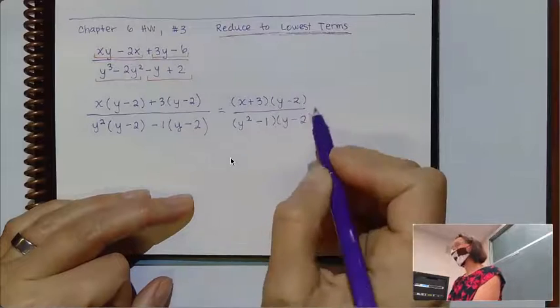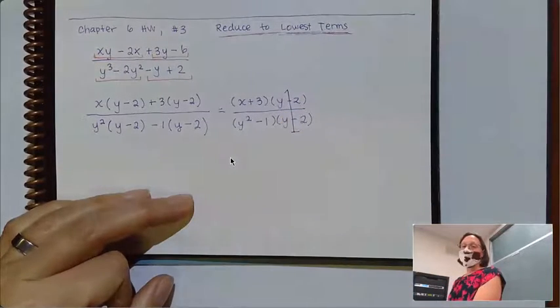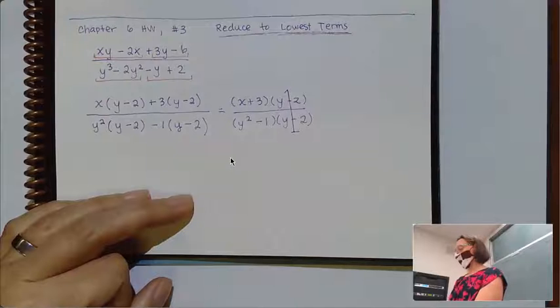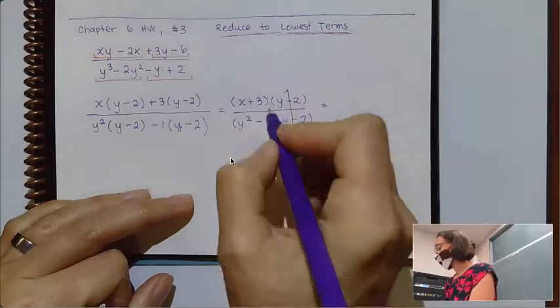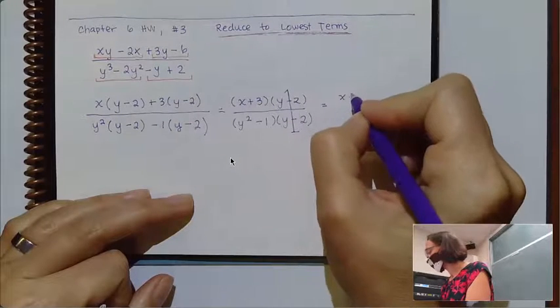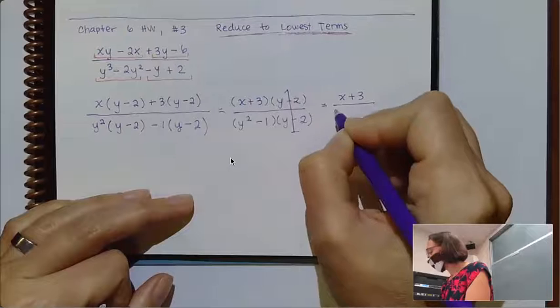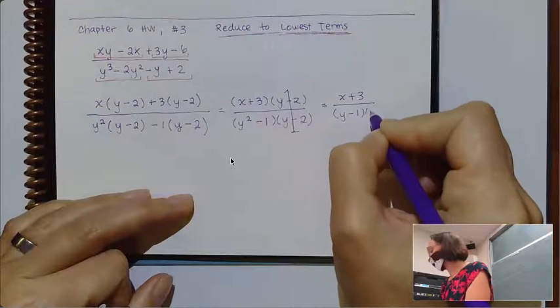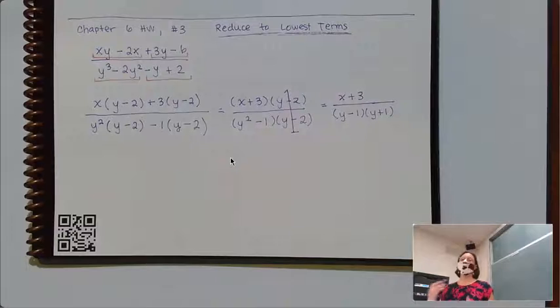And now that I have multiplication, that y minus 2 over y minus 2 will be a 1. I would say it is fine to leave this as x plus 3 over y squared minus 1, or to write that as y minus 1, y plus 1, just to have practiced our factoring a little more.